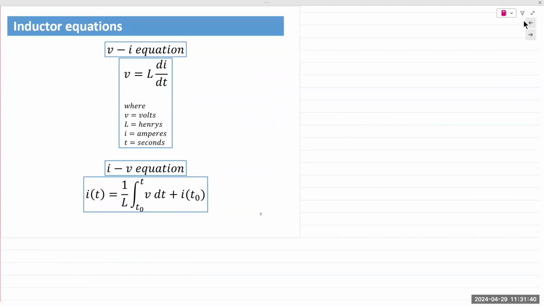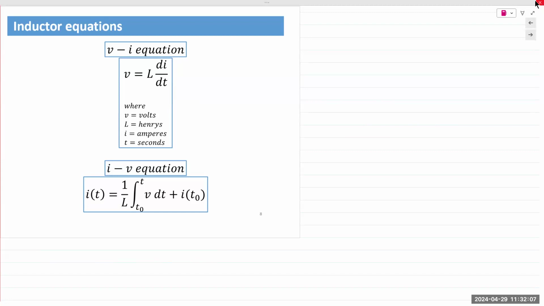They are duals of each other, and the equations that you will see for the inductor and the capacitor are very similar in structure. First up is the VI equation, meaning determining the inductor voltage when you are given the inductor current. For the inductors, we'll primarily use current as the input quantity. For a capacitor, we will primarily use the voltage as the input quantity.